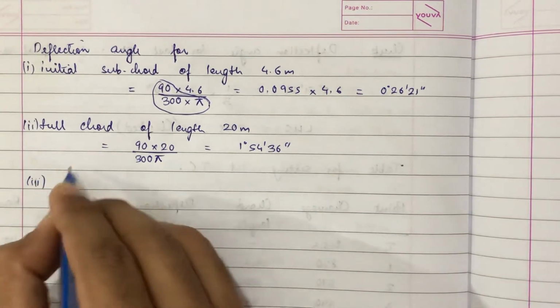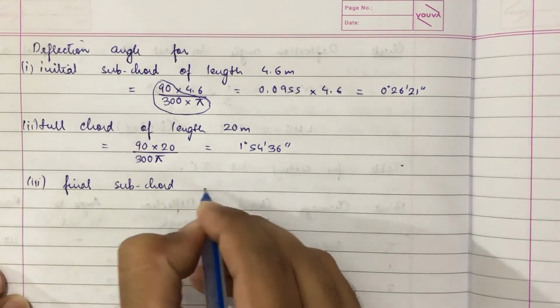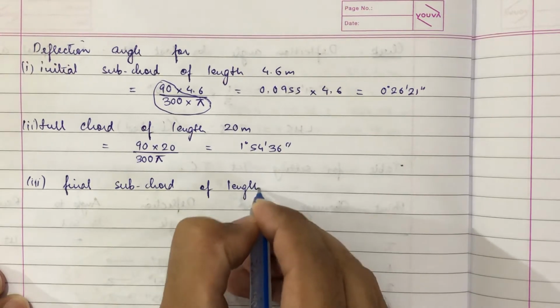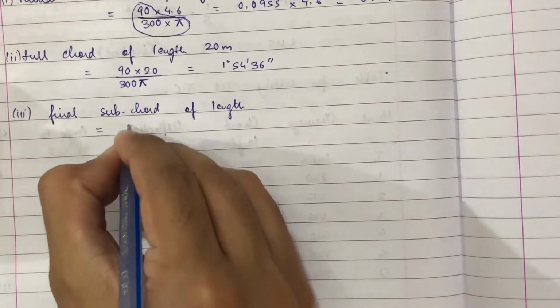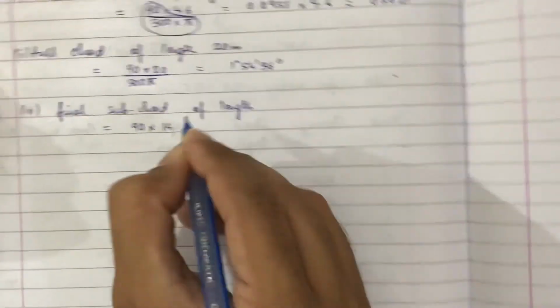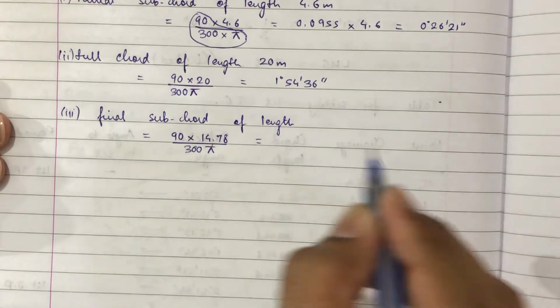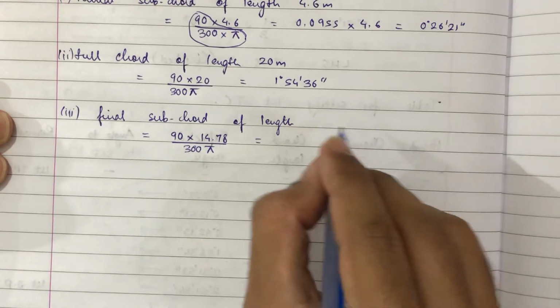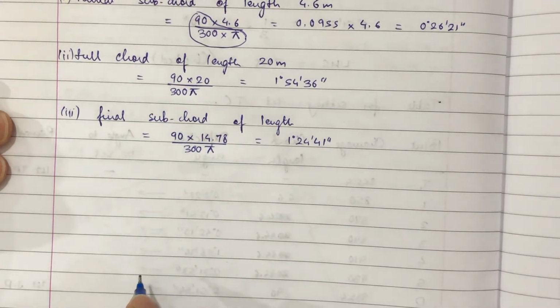And for the final subchord, of length 14.78 meters, it will be 90 into 14.78 upon 300 pi. On calculating, this value comes out to 1 degree 24 minutes 41 seconds.